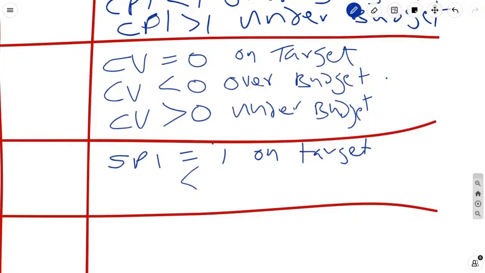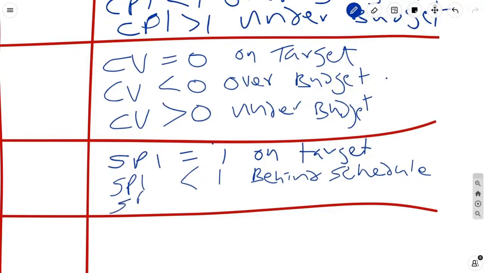So if your SPI is less than 1, you are behind schedule. Don't make the mistake of confusing SPI and CPI. They are not interchangeable. Cost performance does not equate to schedule performance. Just remember that. And lastly, if SPI is greater than 1, that means you are ahead of schedule.